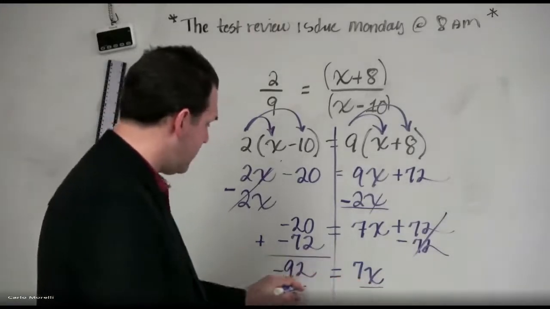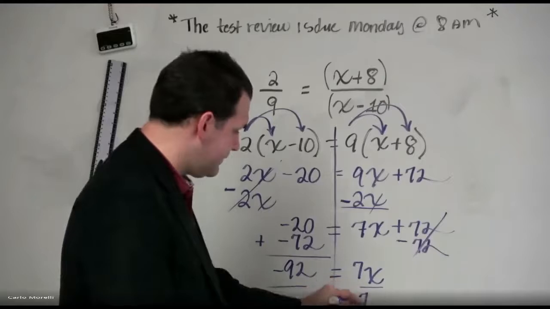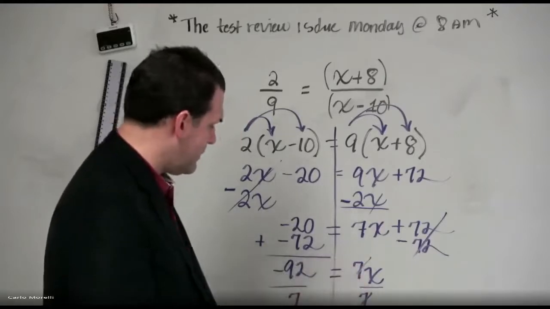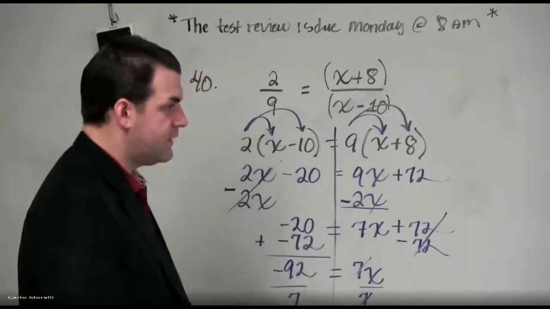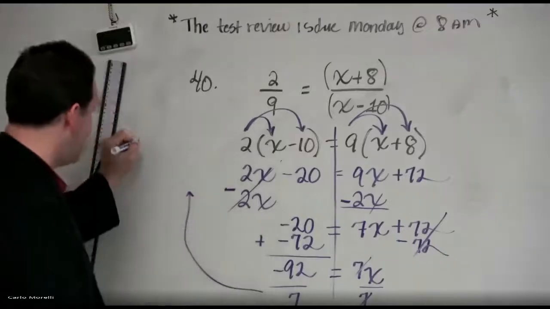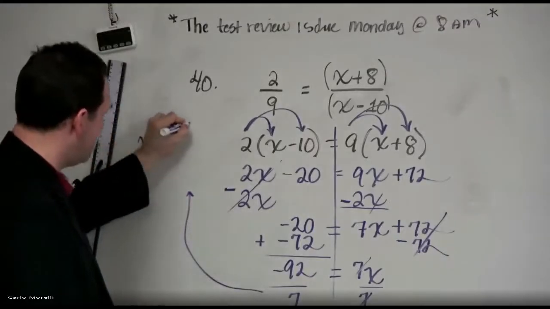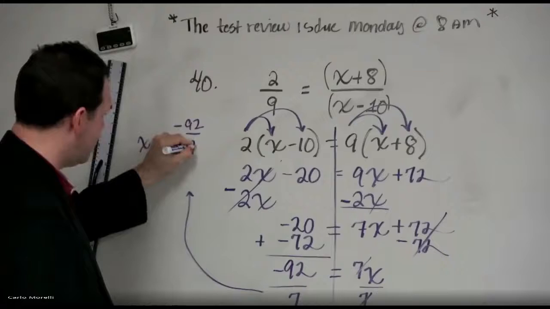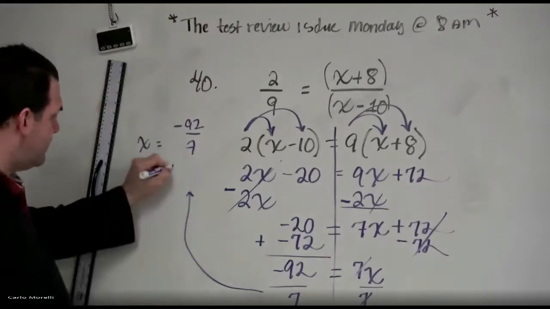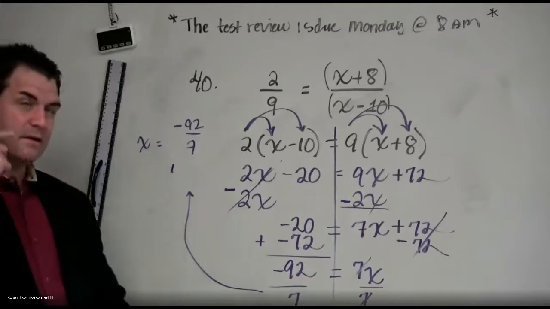We'll divide both sides by 7. Cancel out those 7s. And now we're going to perform that trick. I'm going to move this up here. Okay, so right now I've got x equals negative 92 over 7. So 7 goes into 9 one time. That's 7.